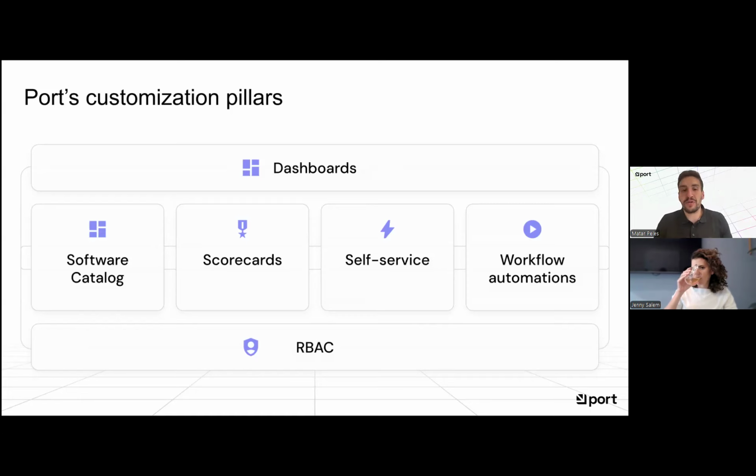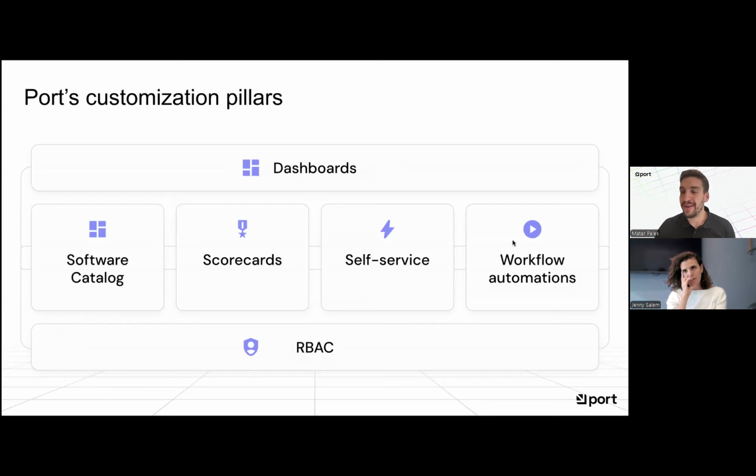Scorecards is a way for the portal to provide you automatic checks on different quality standards. As I said, you bring the data into the catalog and ask the questions, and Port will automatically check whether your services, your cloud resources, your teams are meeting the different standards you are requiring as an organization. And this is scorecards.